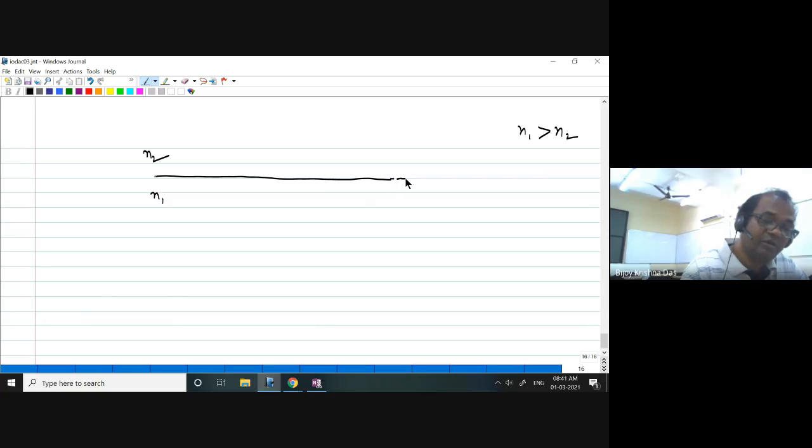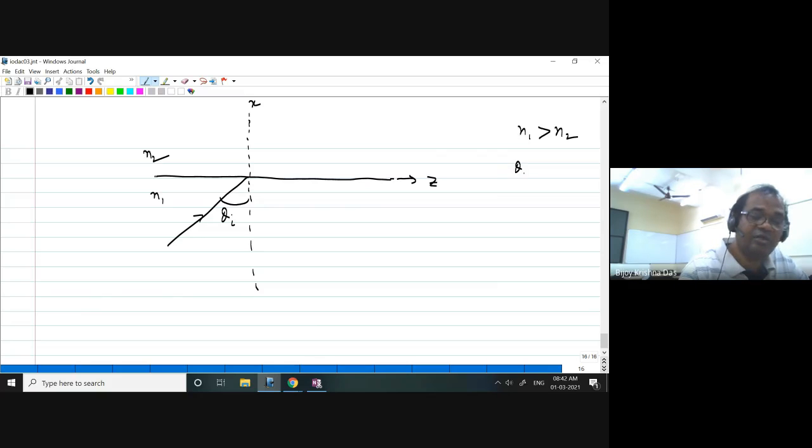This is the z-axis, and this is your x-axis. Let us consider a wave is coming and is incident at an angle theta I, and this theta I, suppose, is greater than theta c, right? And then you know what is happening.